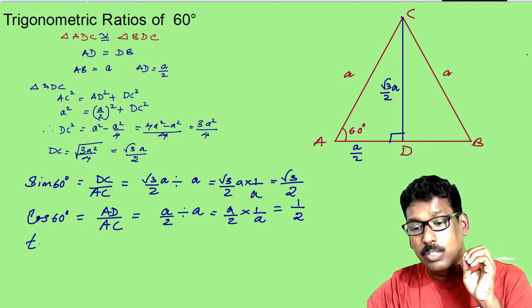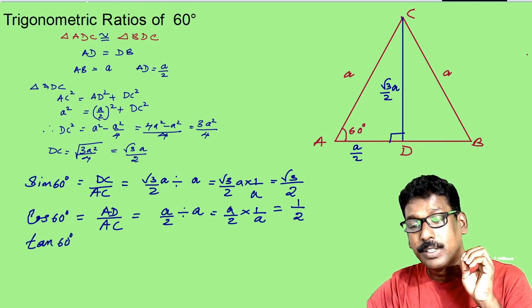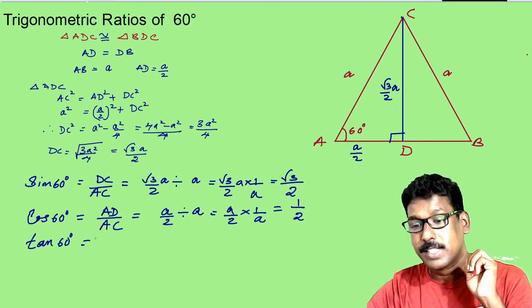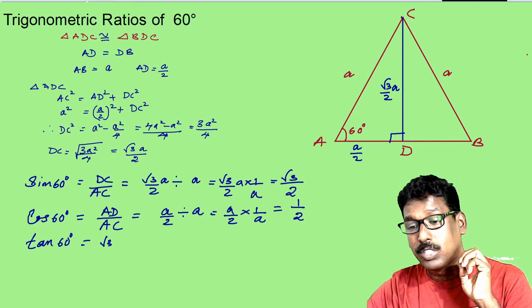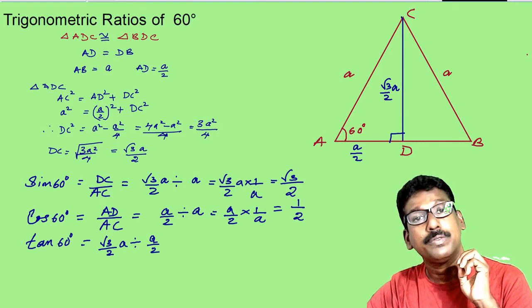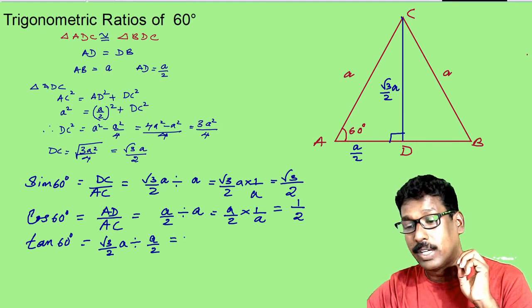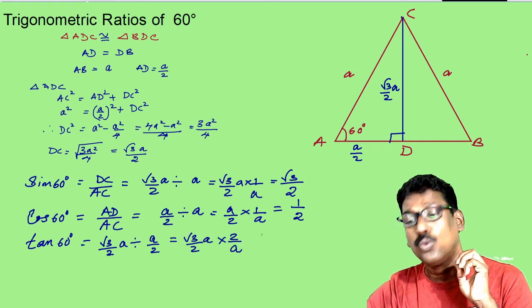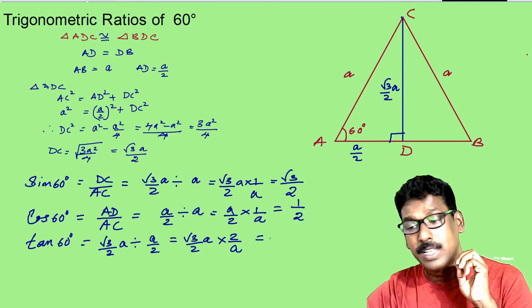Now what about tan 60 degrees? Tan 60 degrees is opposite side by adjacent side. That is root 3 a by 2 divided by the adjacent side, a by 2. So this you can write as root 3 a by 2 into 2 by a. 2 and a are cancelled. So the remaining is root 3.